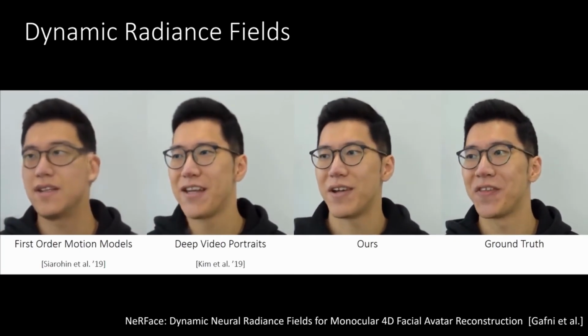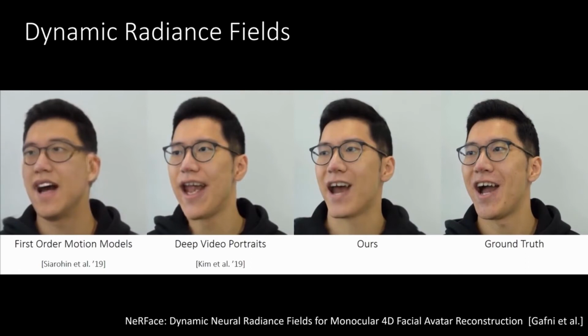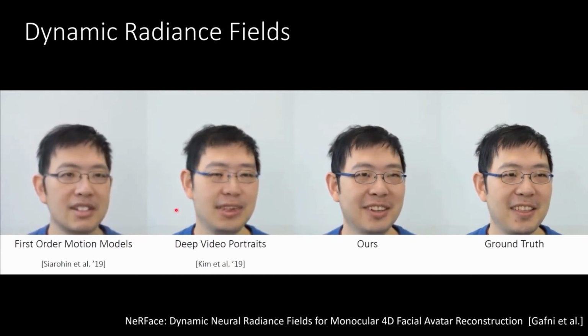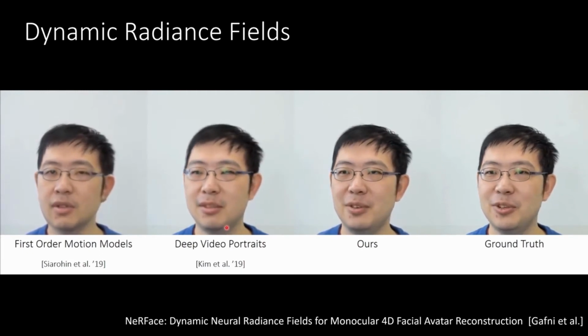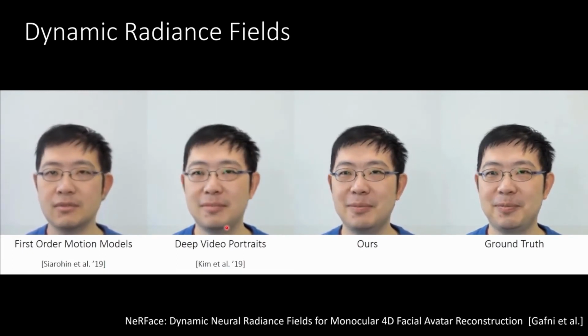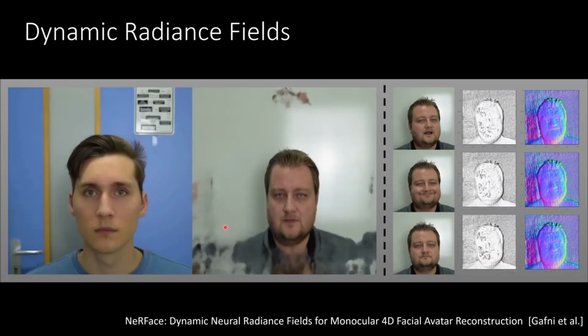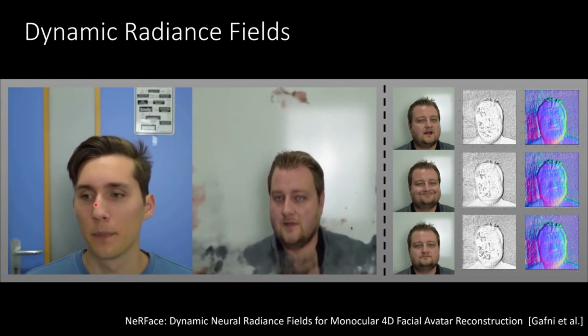As you can see, we can achieve 3D consistent outputs here, which actually look much better than what we had before with the 2D approaches that do 2D neural rendering. Here's some additional example where my face avatar is controlled by Andre's face here.